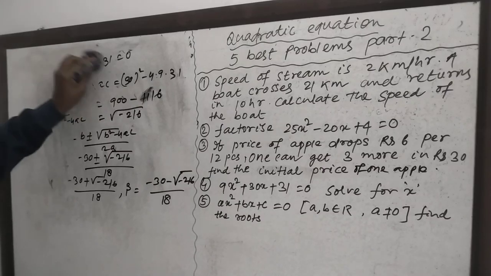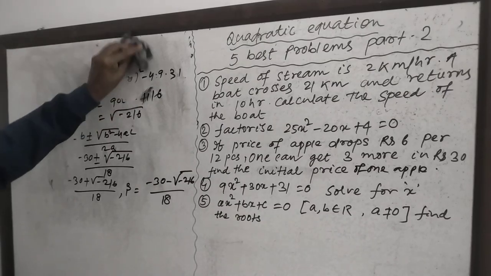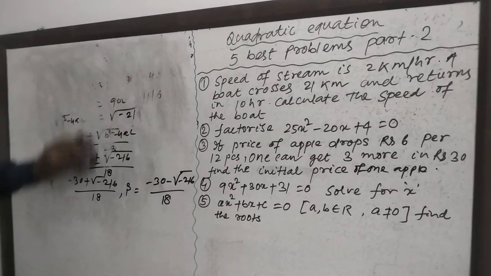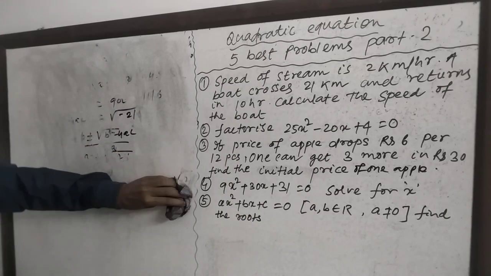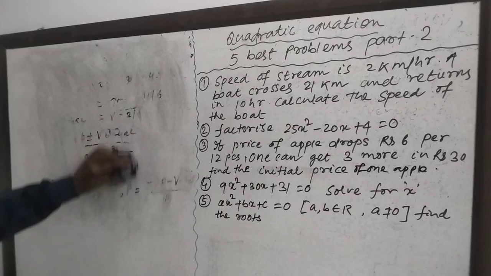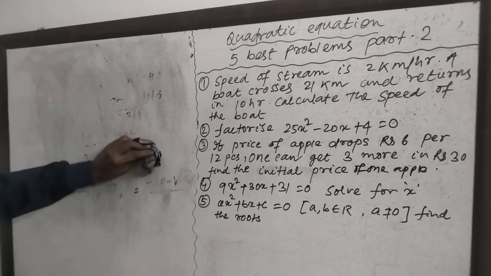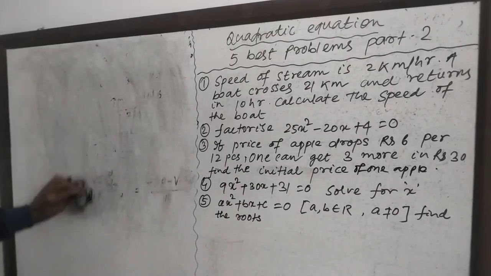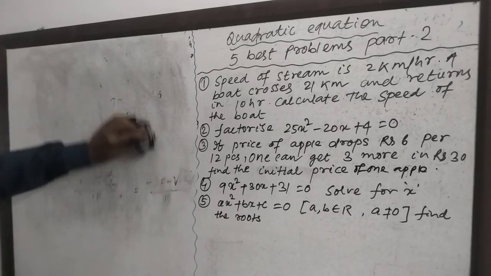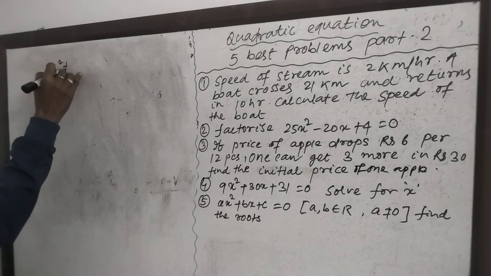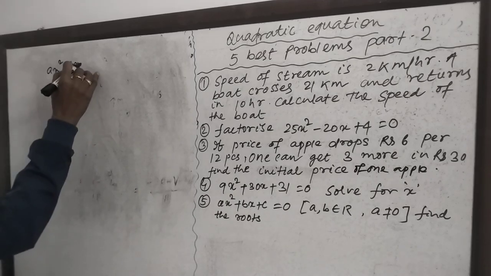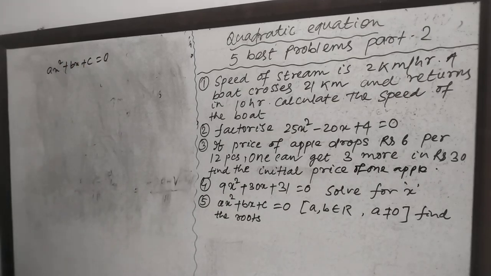Okay, now question number 5. Question number 5 is, we will find the quadratic equation formula, Sridharacharya formula, that is, a, b, c belong to R, a is not equal to 0.